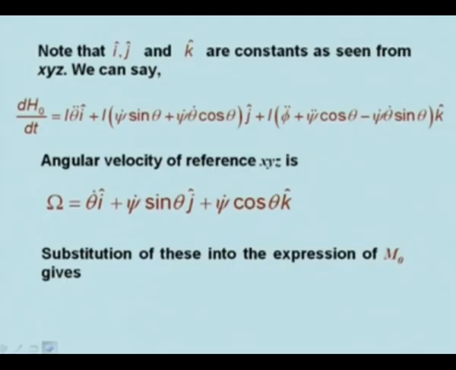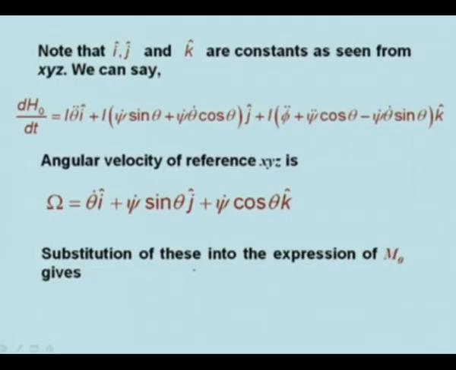Then we can say that dH0 by dt is equal to I theta dot i plus (I psi dot sin theta plus I psi dot theta dot cos theta) j plus Iz (phi dot plus psi dot cos theta minus psi dot theta dot sin theta) k, and the angular velocity of reference XYZ is omega equal to theta dot i plus psi dot sin theta j plus psi dot cos theta k.